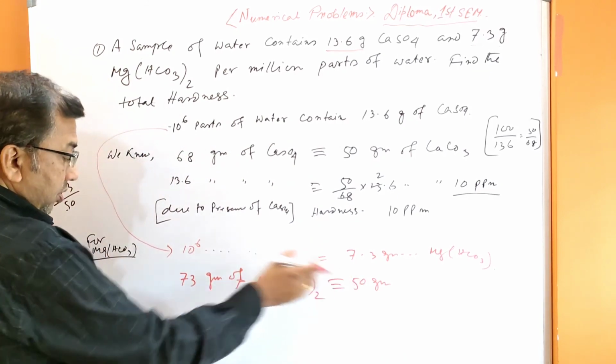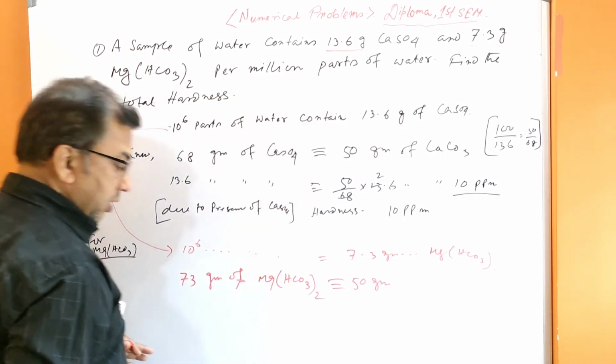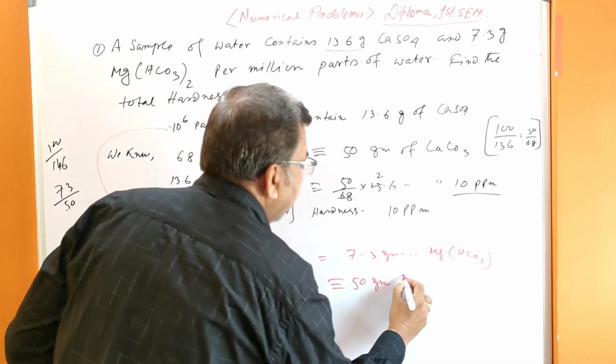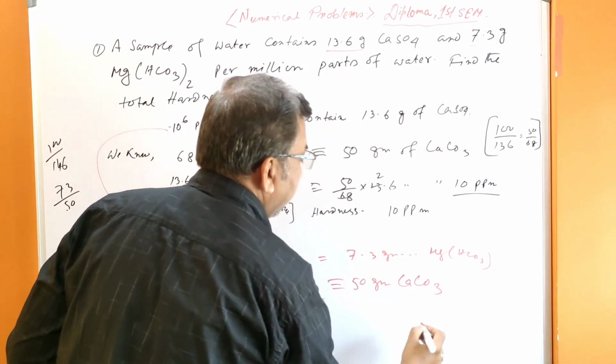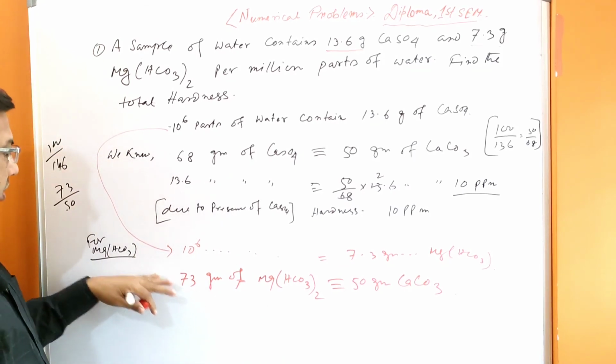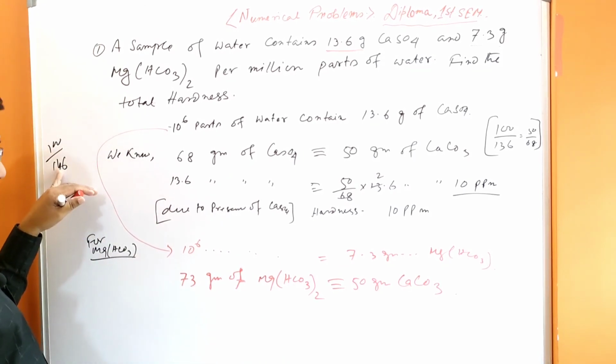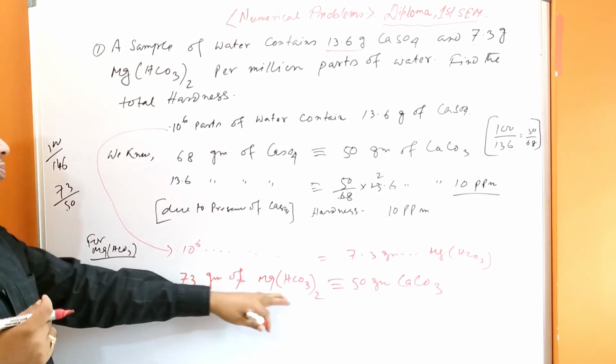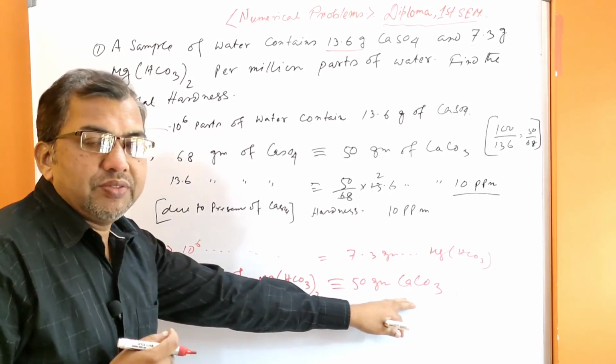Here 50 gram of calcium carbonate. Okay, it is equivalent: 73 to 50, or you can write it 146 gram of magnesium bicarbonate equals 100 gram of calcium carbonate.